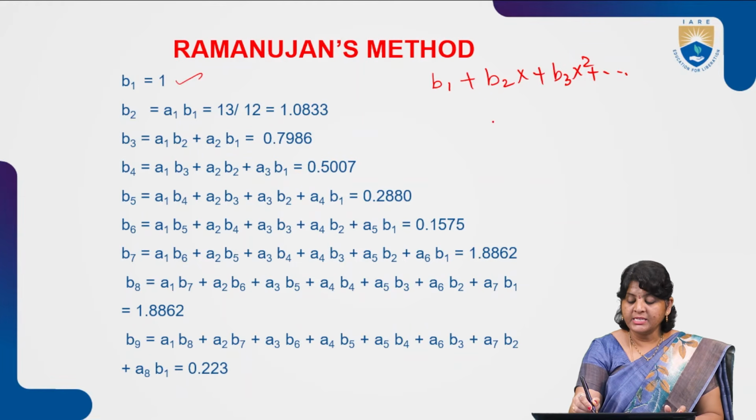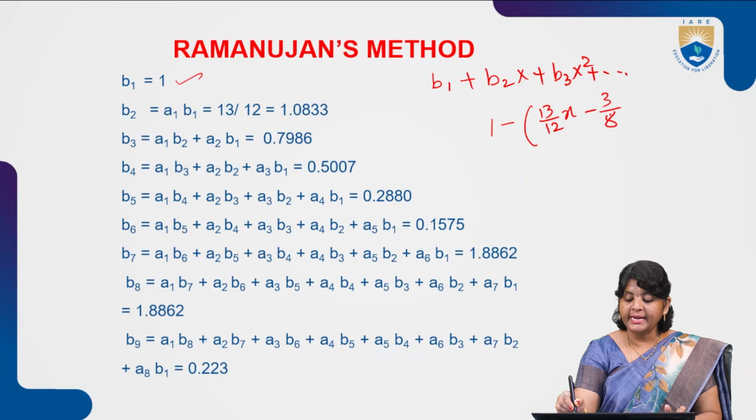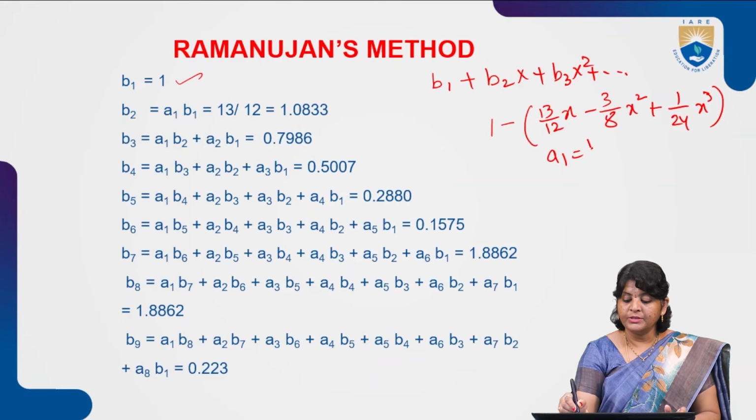Since the equation is 1 minus of 13 by 12 x minus 3 by 8 x square plus 1 by 24 x cube, here a1 is 13 by 12, a2 is minus 3 by 8 and a3 is 1 by 24.